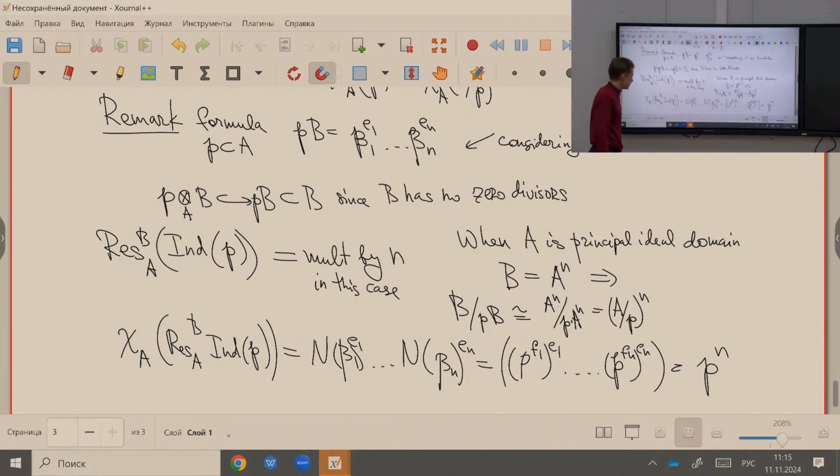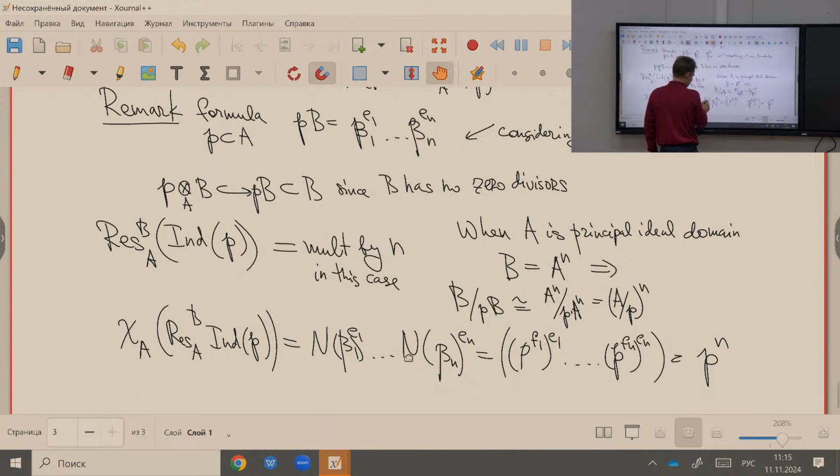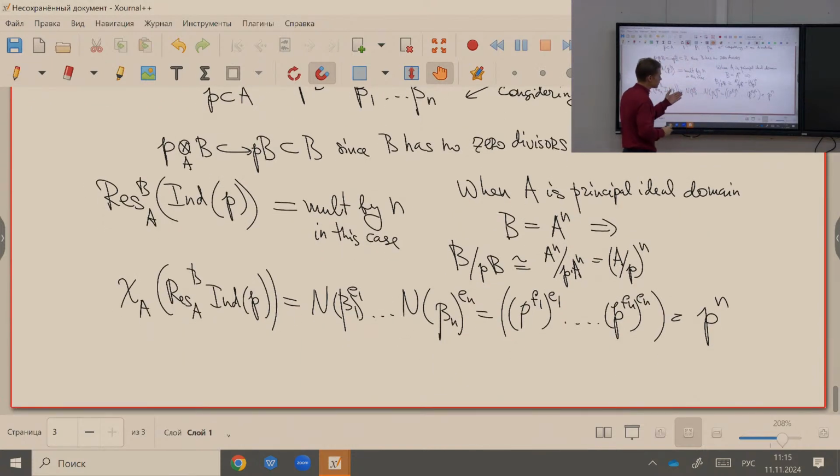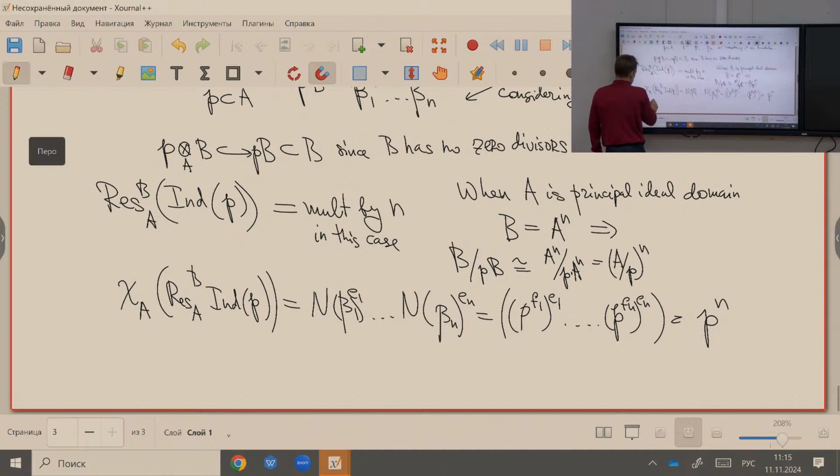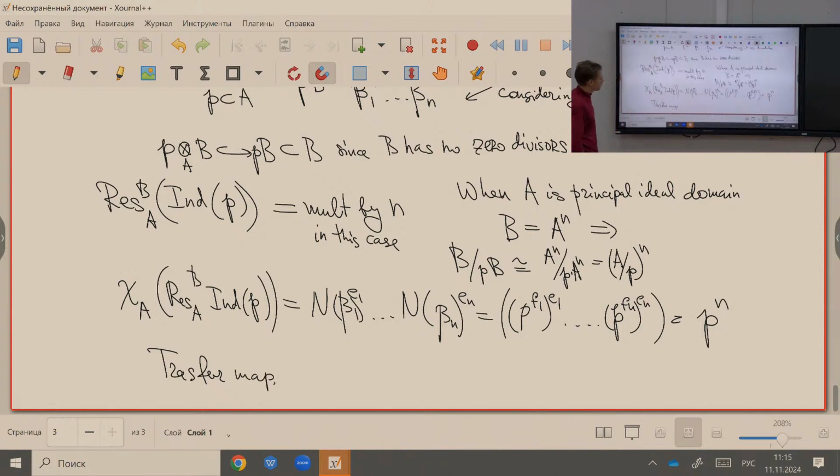So from the viewpoint of taking pi, this is called transfer sometimes, the transfer map. And the last one, when we consider chi of A, this works everywhere, not only in a PID.